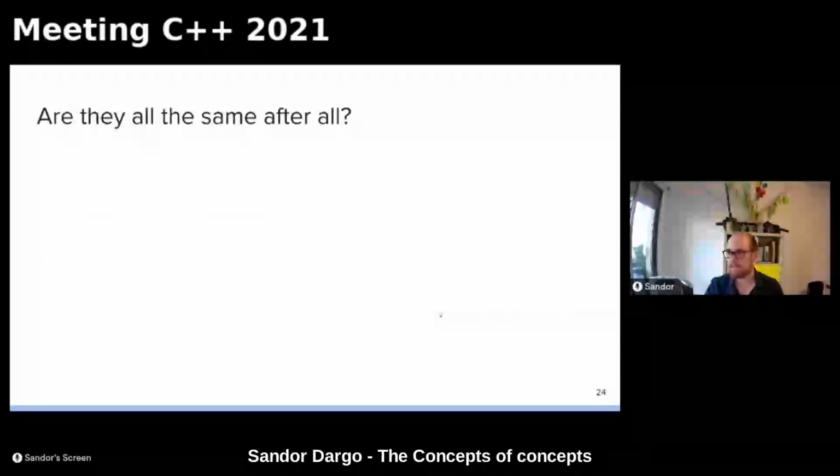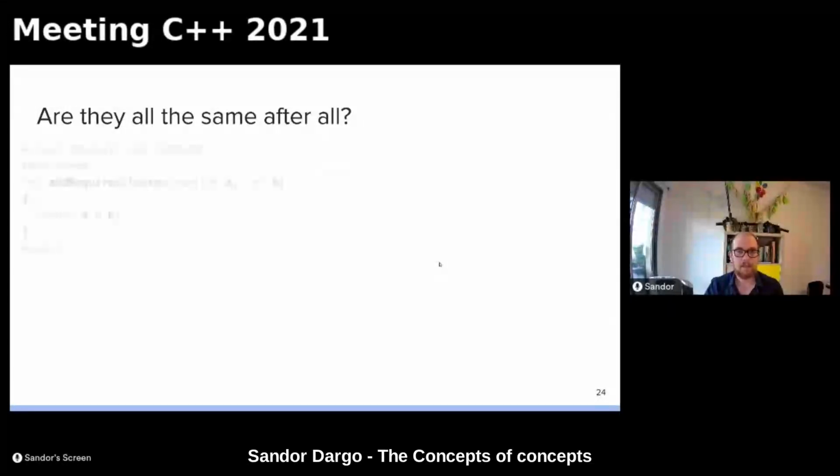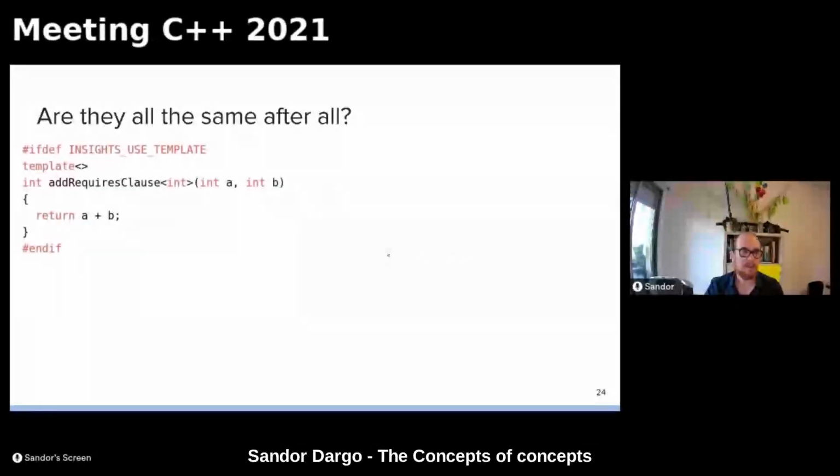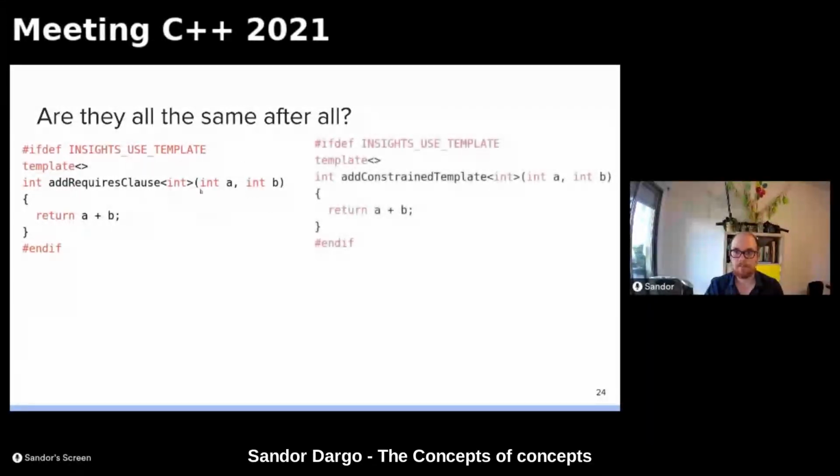You might ask, are these different or are they the same? I used CPP Insights to look under the hood, and they are pretty much the same. You see that the add requires clause is the same as the add constrained template, the shorthand notation.